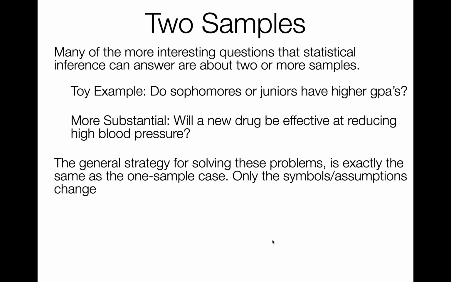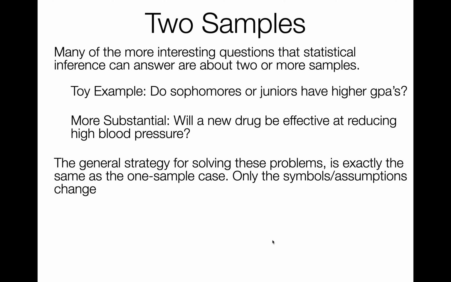The general strategy for solving these problems is going to be the exact same as our one-sample counterparts. The only thing that's going to change are the symbols and the assumptions. So we're going to have to switch in two-sample stuff for one-sample stuff, which really isn't going to be that challenging, and the assumptions are going to be slightly different. But all of the steps are going to be the same. Nothing really is going to change.